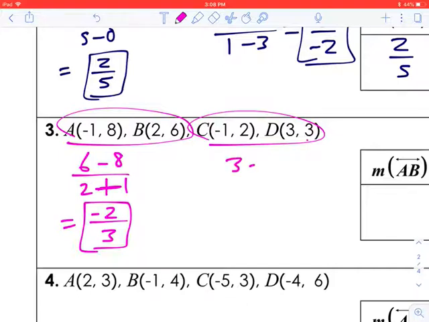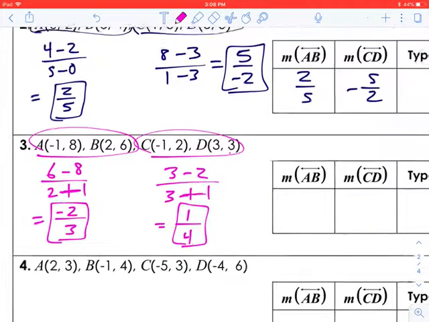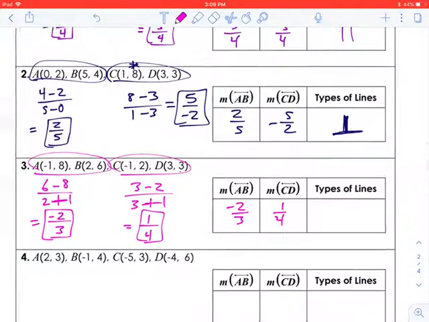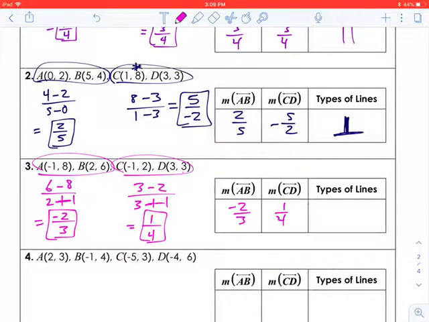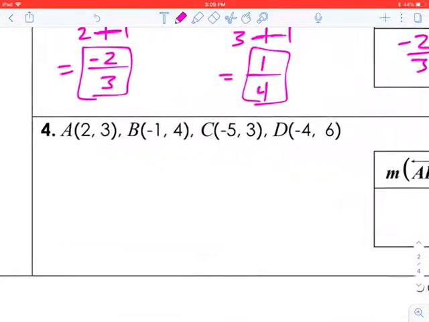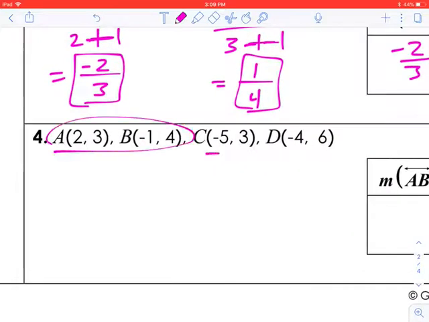So 3 minus 2 over 3 minus negative 1. So I end up with 1 over 4. Okay, so negative 2/3, 1 over 4. So they had different signs, but not the same fraction flipped. So that's neither.